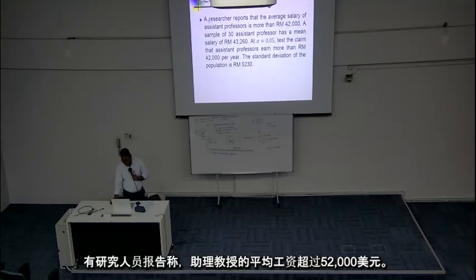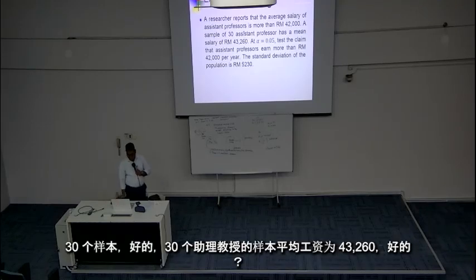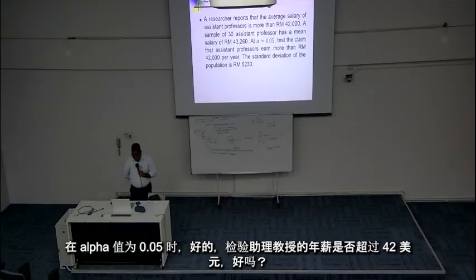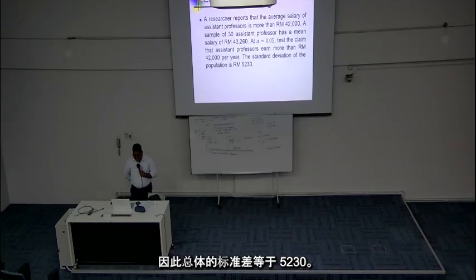A sample of 30 assistant professors has a mean salary of 43,260. At alpha 0.05, test the claim that assistant professors earn more than 42,000 per year. The standard deviation of the population is equal to 5230.